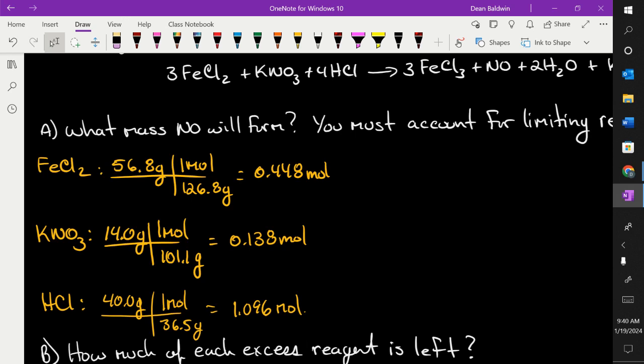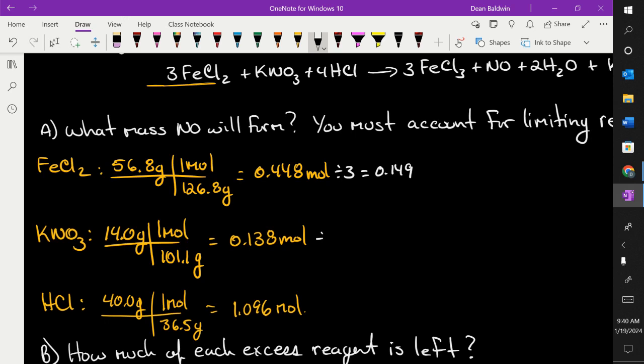Yes, you divide by the coefficients in the reaction. So for iron chloride, we use 3 moles for 1 mole of potassium nitrate and 4 moles of HCl. So you need to divide by these ratios to figure out what the smallest amount is. So we go, okay, we divide by 3. That gives us 0.149.